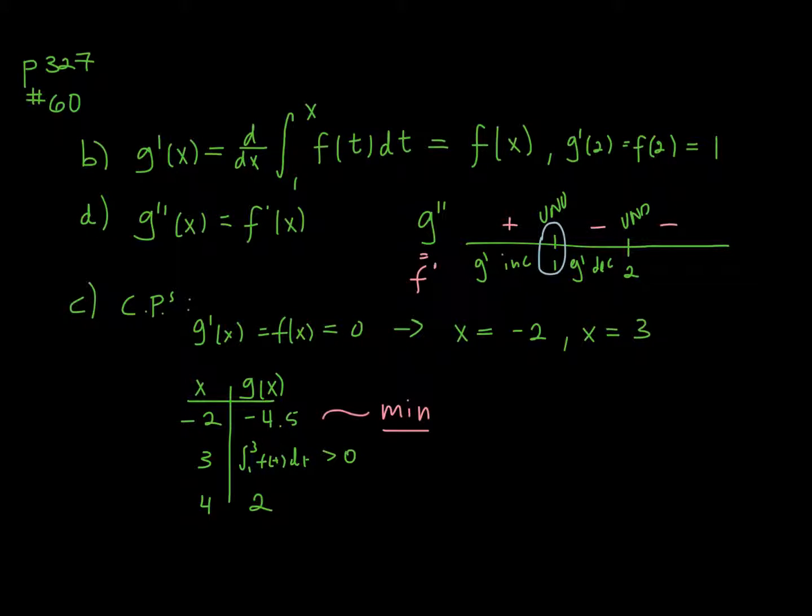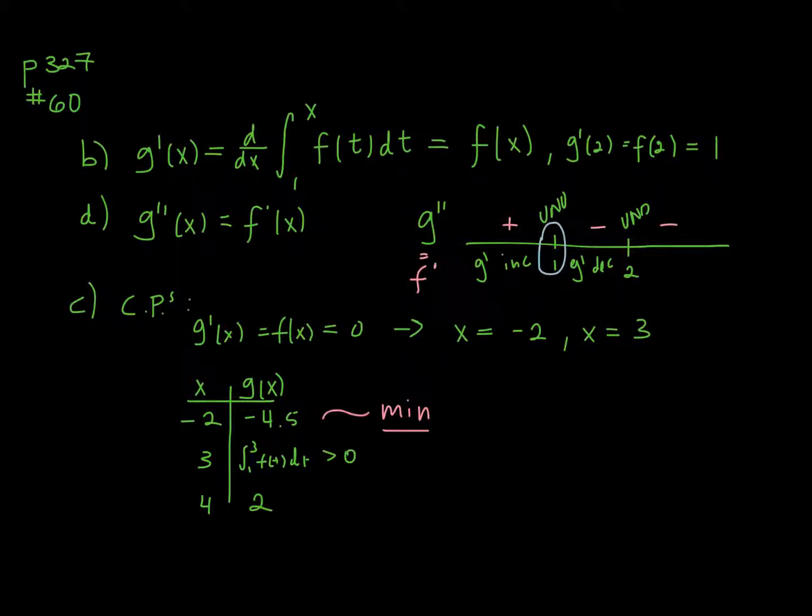I'm going to skip ahead to d here because having taken the first derivative, it's easy to take the second derivative. So the second derivative, g double prime of x, is simply f prime of x. Since I'm looking for the point of inflection, I'm making a sign chart for my second derivative. I can see pretty easily that the points where g double prime changes from increasing to decreasing are at 1 and at 2.